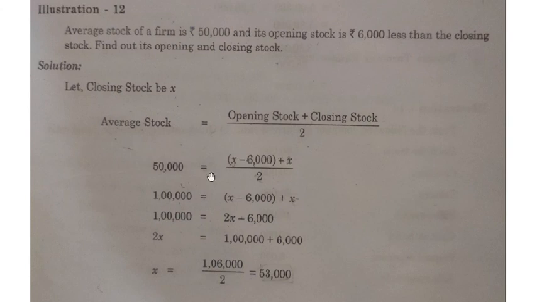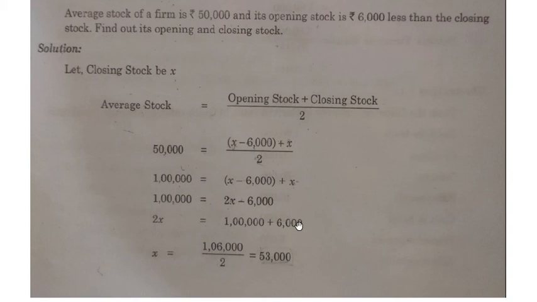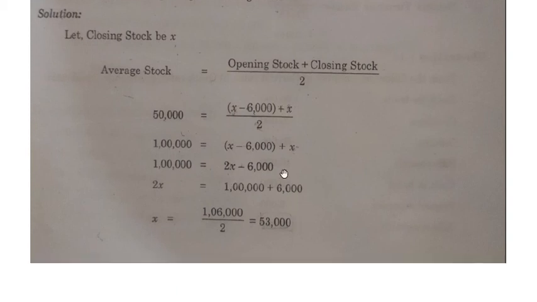Implementing that in the formula, average stock, which they have given as 50,000, is equal to opening stock X minus 6,000 plus closing stock X, divided by 2. When you cross multiply, you get 1 lakh is equal to X minus 6,000 plus X. So 1 lakh is equal to 2X minus 6,000.